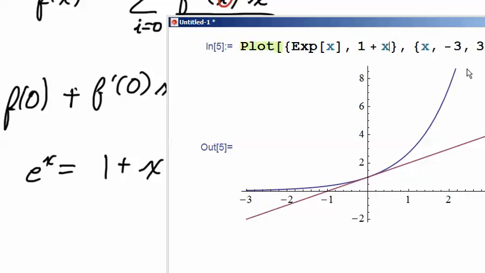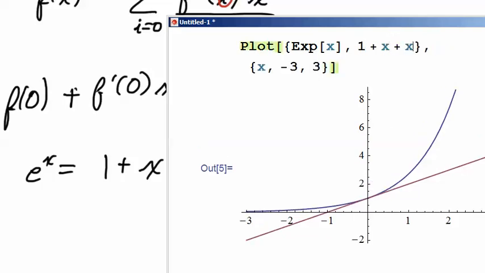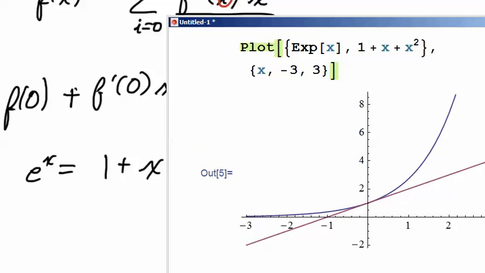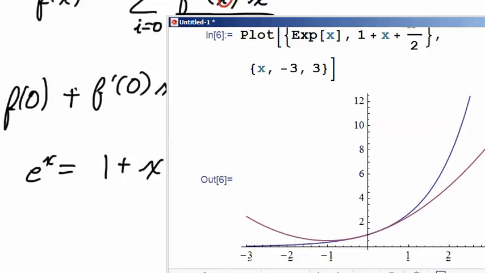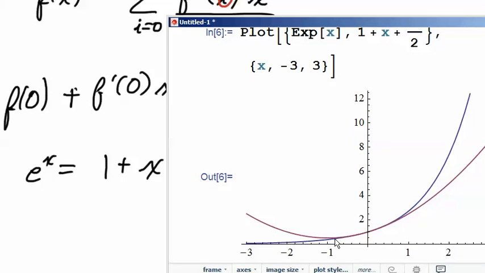Now if I add in plus x squared over 2, you can see it's even a better match still, matching almost from -1 to 1.